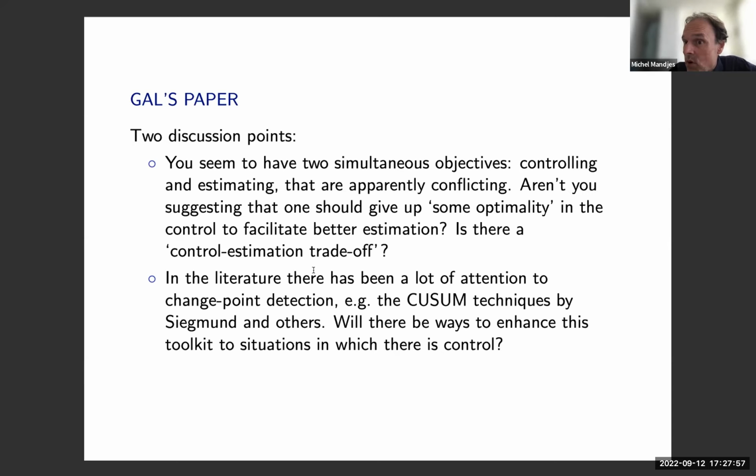There is a random walk and you want to know whether something changed in the random walk. But the interesting thing here is that what you observe is a controlled sequence of numbers. My question to Gal here is, is there any hope to come up with a more formal general toolkit for change point detection in a controlled environment? Gal can choose which question he wants to start with, and we can discuss a little bit more, and perhaps also some people from the audience.